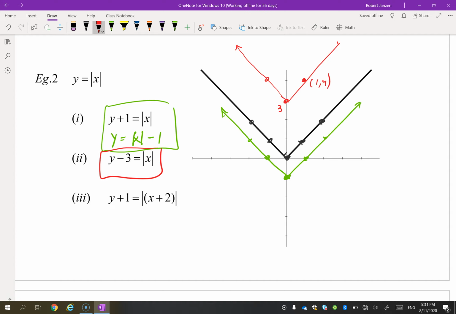And then we will have questions where you can have both things happening. Here you have an h value of -2, you have a k value of -1. So this is going to move down 1, left 2. So something like this.